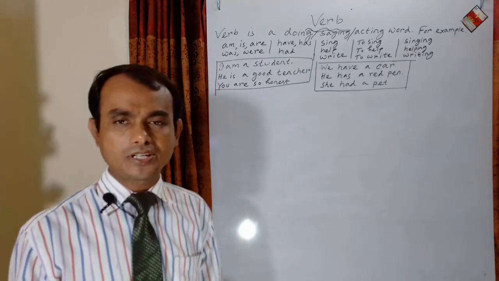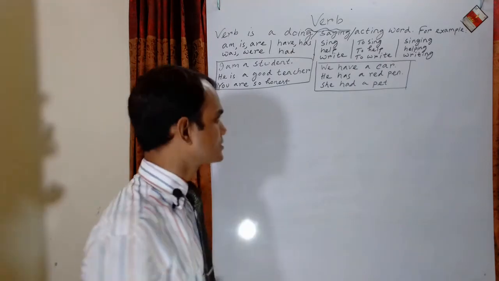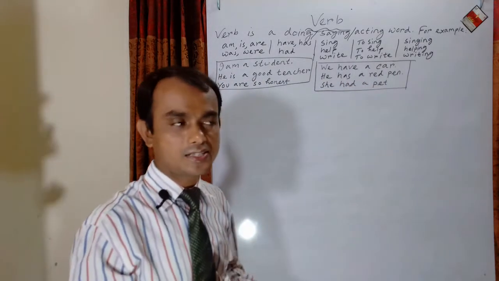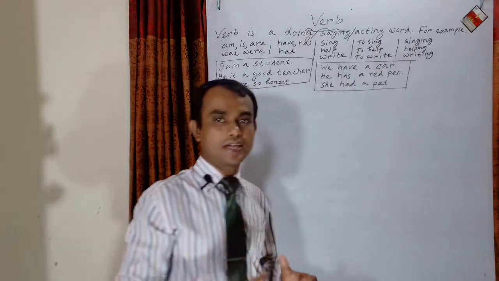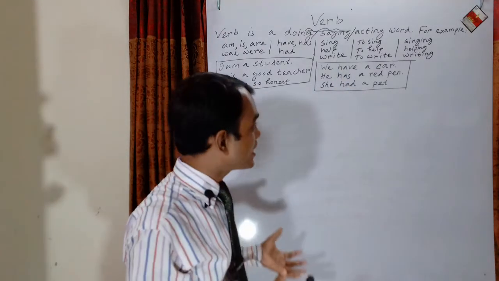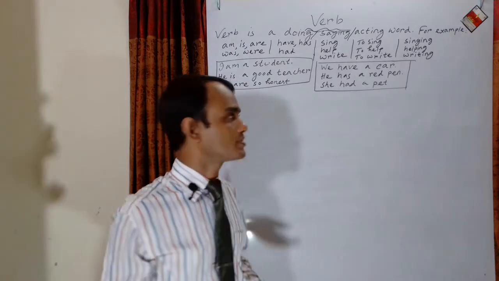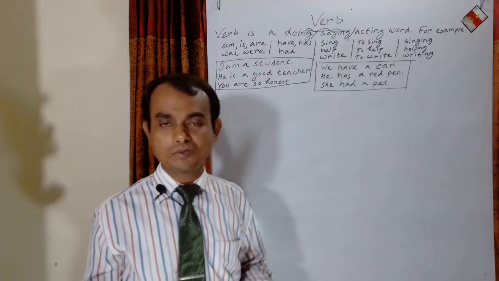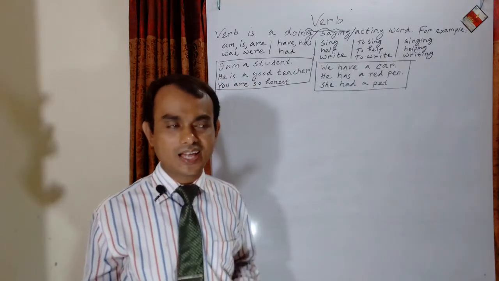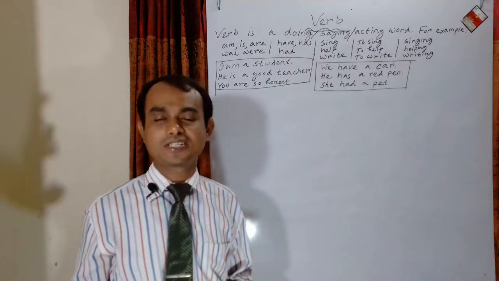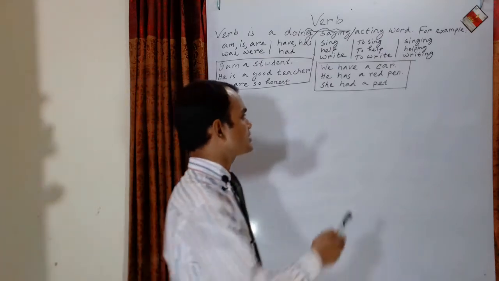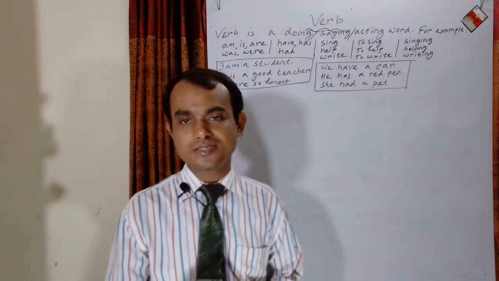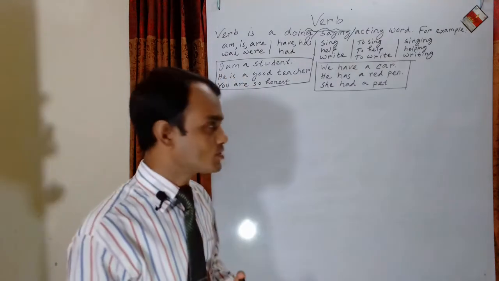Dear students, I have already written another 3 examples. We have a car. From this sentence we find the word have. Have is a verb because the word have is saying something here. He has a red pen. From this sentence we find the word has. The word has is acting something or saying something or doing something here. She had a pet. From this sentence we find the word had is doing something.